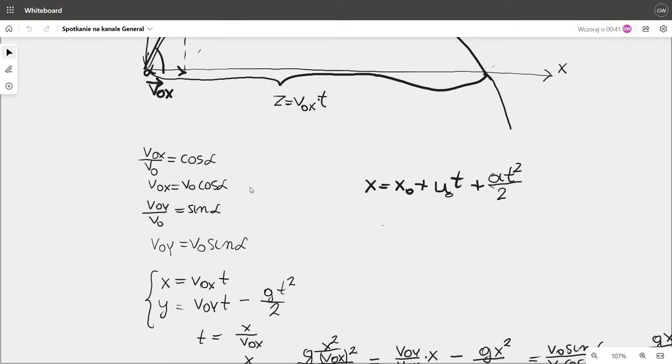We have to express v0x and v0y by v0 and sine and cosine of alpha. It's done here.